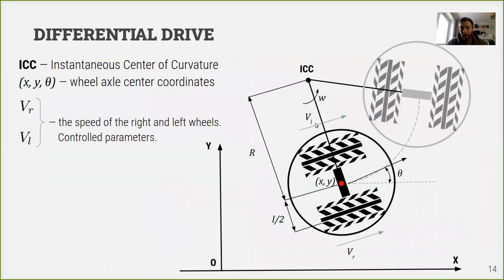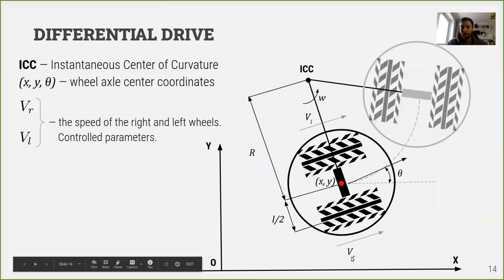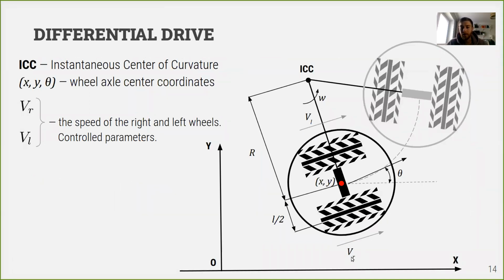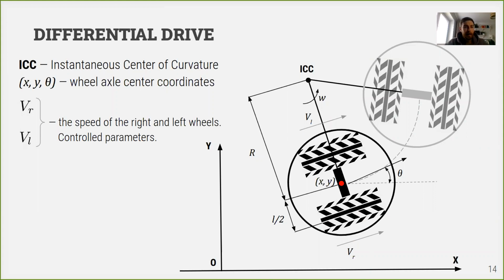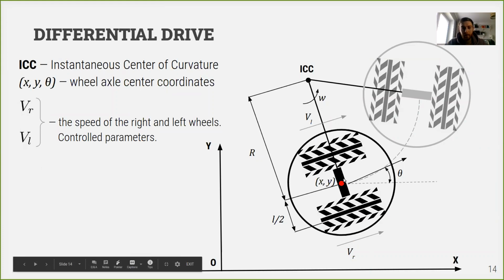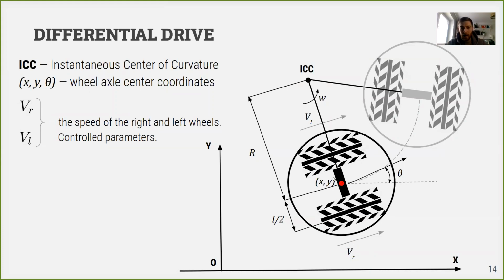So VL and VR are the left and right wheel speed correspondingly. So these are our controlled signals. We can control these velocities of right and left wheel. Also, we have a robot pose, which is represented by a single point, which is the center of the axle.